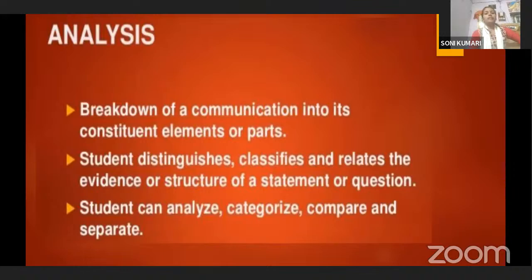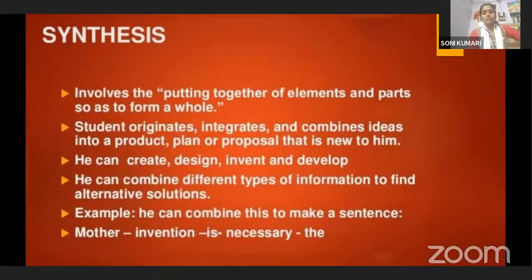There are many examples of analysis, but giving more would be a waste of time. Now I am going to the next point, synthesize.